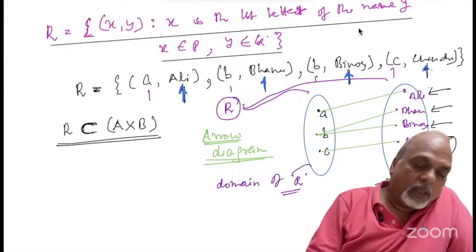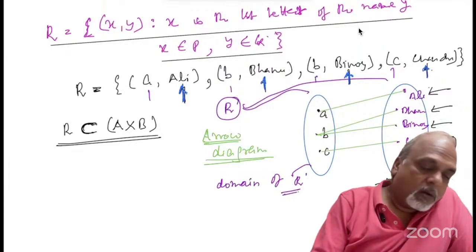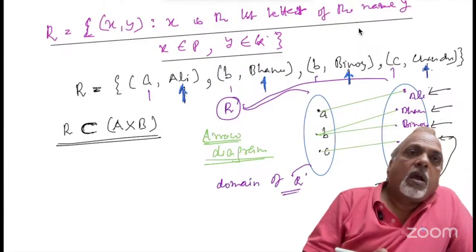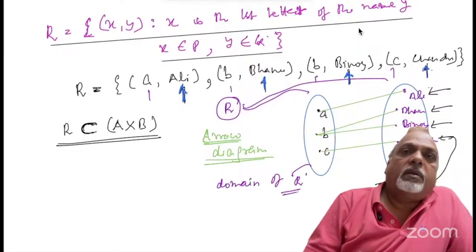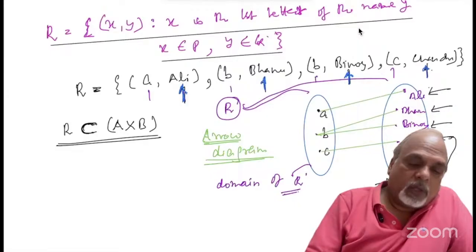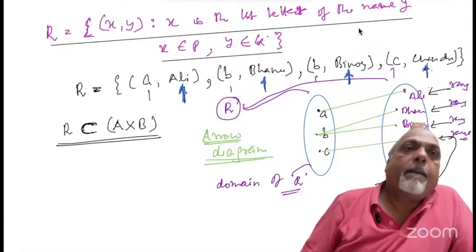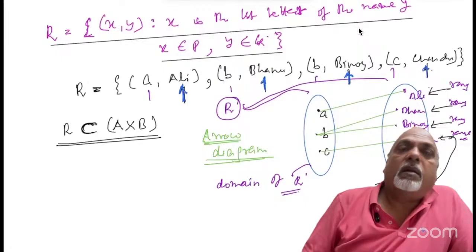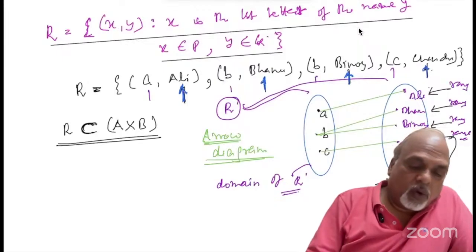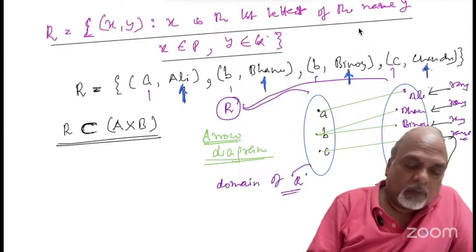The set of all these second elements are basically the range of the relation R. Here you see Divya is there.